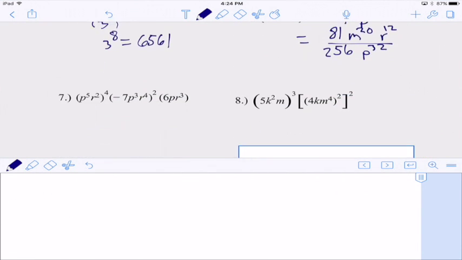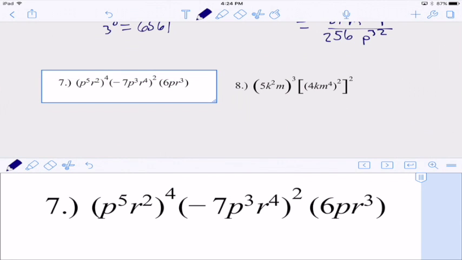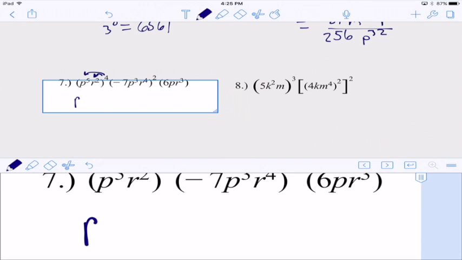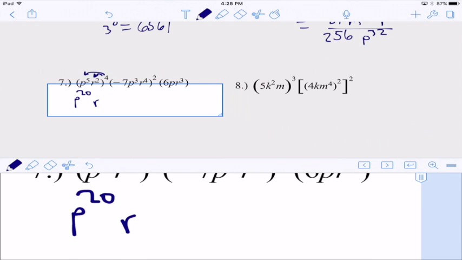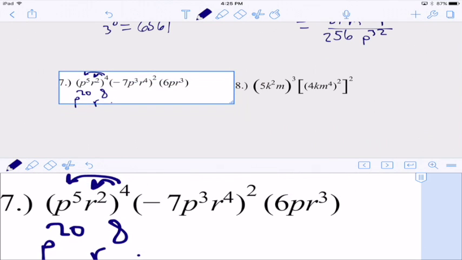Okay? Then number 7. So I'm going to do my power to a power stuff first. So I'm going to try and reduce my parentheses. So this turns into p to the 20th, right? We multiply, power to a power. R to the 2 to the 4, that gives us r to the 8th, again, power to a power. Then we have negative 7, be careful, negative 7 squared, all of that squared. p cubed squared and r to the 4th squared.